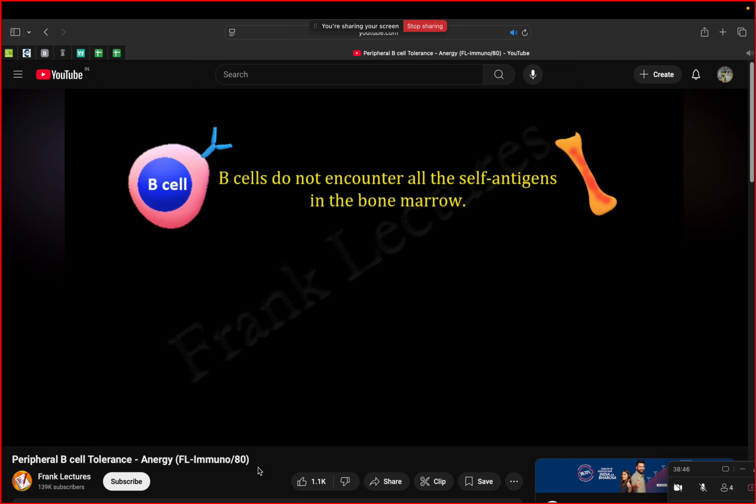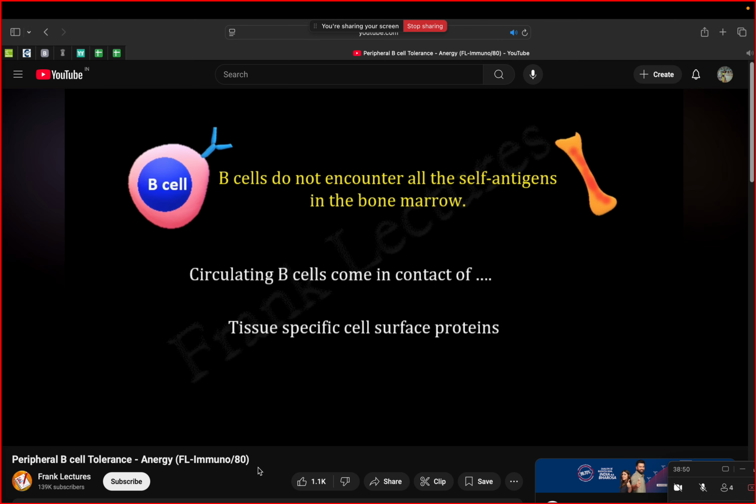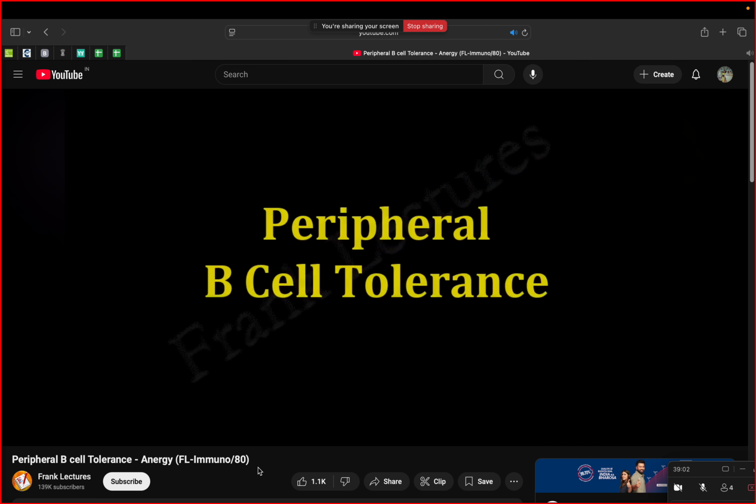Once B cells start circulating, they come in contact with tissue-specific cell surface proteins, secreted proteins, etc. Thus, autoreactive B cells that escape central B tolerance now enter peripheral circulation. Let's find out how peripheral tolerance prevents activation of such B cells when they encounter their specific antigens.